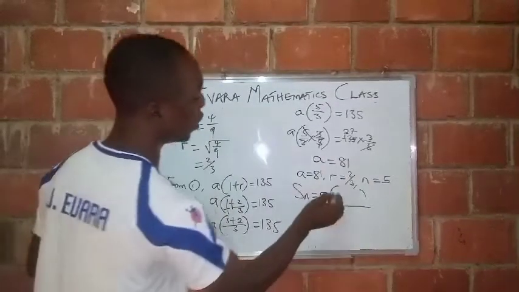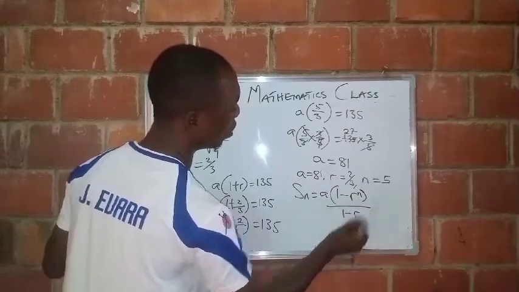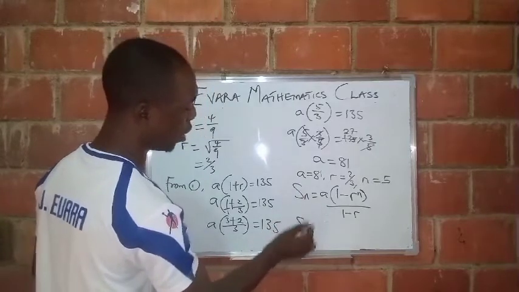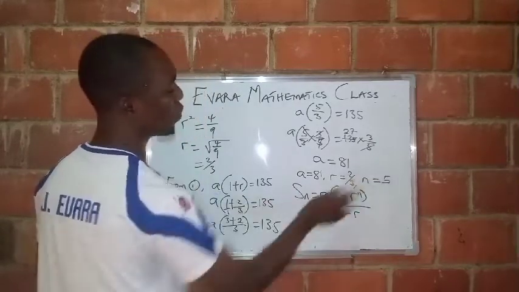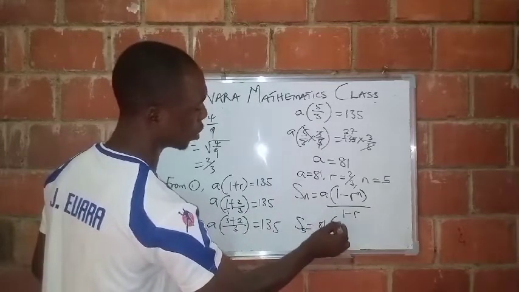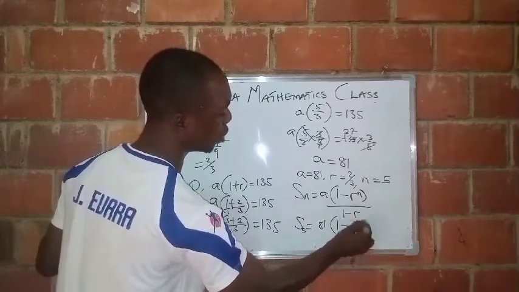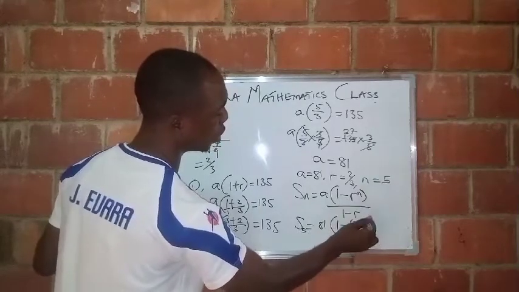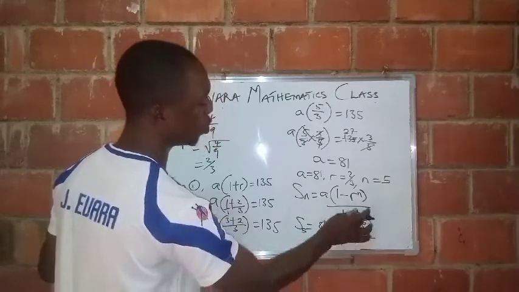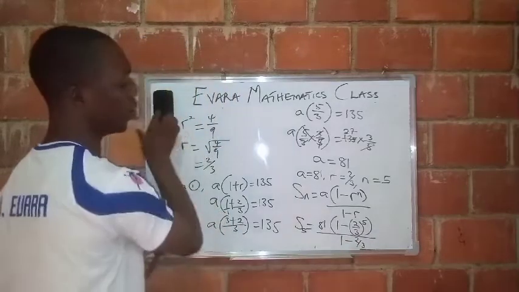When the common ratio is less than 1, it will be A(1 minus R raised to power n) divided by 1 minus R. So Sn, our n is 5. We are looking for the sum of the first 5 terms. A is 81 in bracket 1 minus 2/3 raised to power 5, divided by 1 minus the common ratio, that's 2/3.